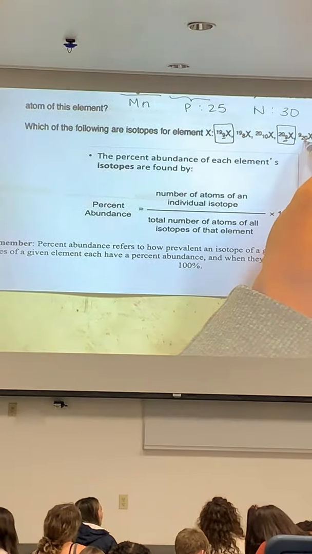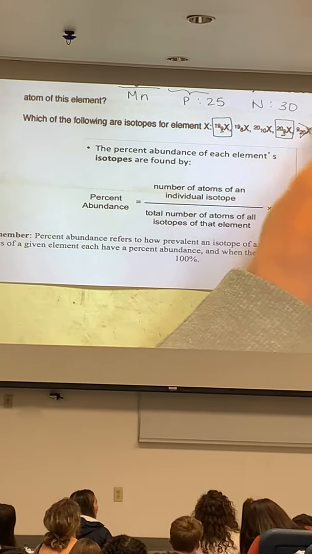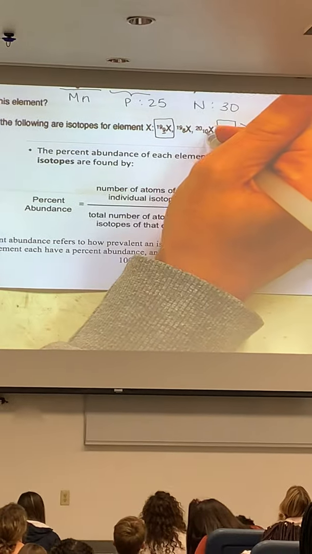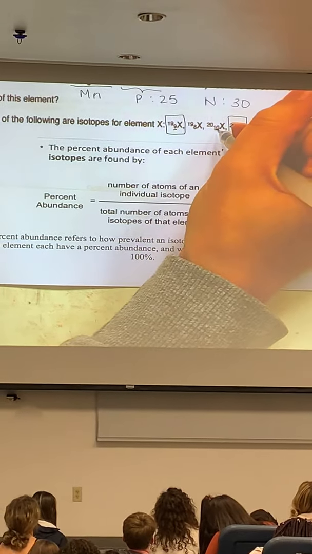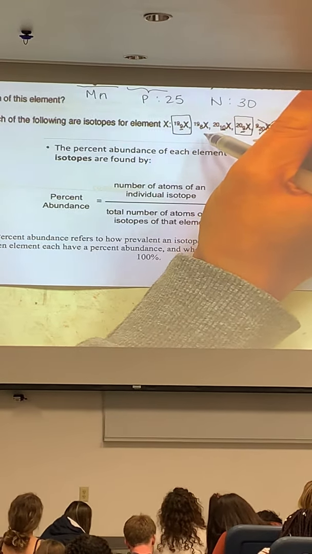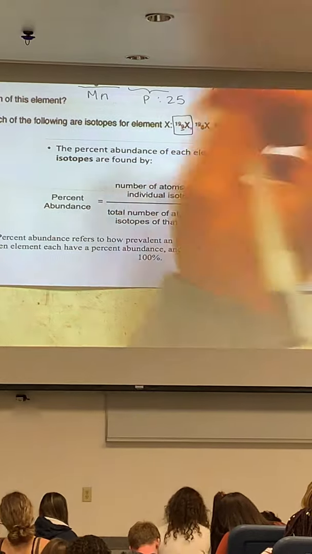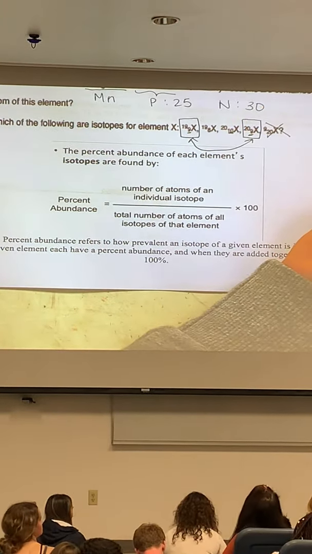This is an element with 20 protons and an entire mass of 9, so that's not even possible. Here, this is the next element in the periodic table. So this has 10 protons. We're talking about a different element entirely. And then this one only has 8 protons. So again, a different element entirely. The only two that are actually the same element are the ones with the same number of protons.